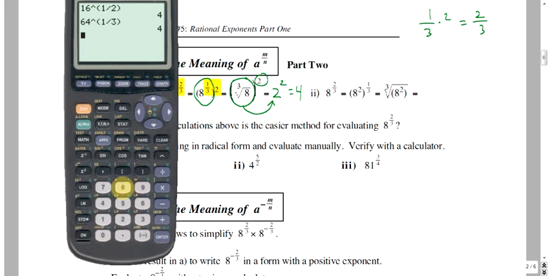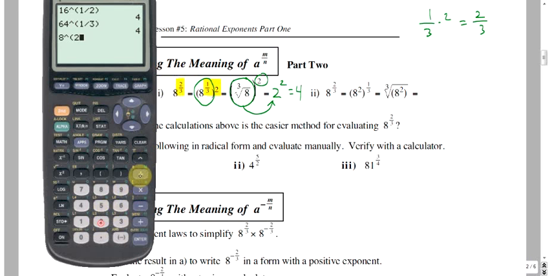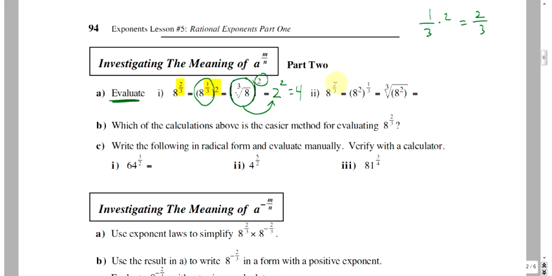You know what? Let's check. What's 8 to the 2/3 power? It's 4. That's one way to do it. 2/3, well, that's 2 times 1/3. I could also write this as 8 squared times 1/3. Is that the same thing?